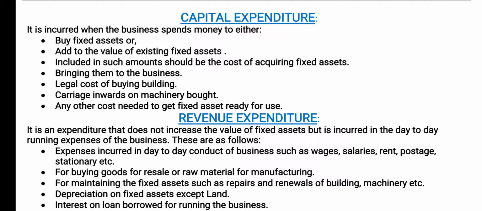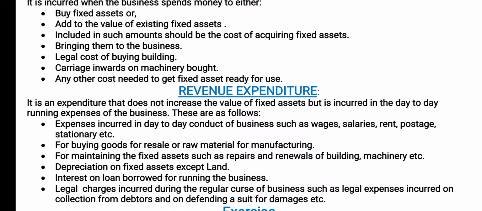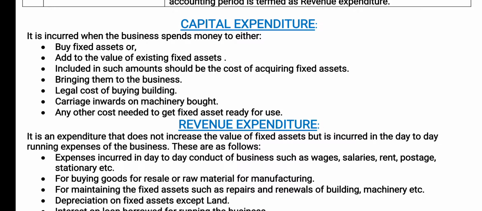Any other cost needed to make our fixed asset ready for use will also be part of our capital expenditure. For example, if you want to install that machinery in your manufacturing unit, those installation charges will also be part of your capital expenditure. In simple terms, capital expenditure is the expenditure which is used for a long period of time and gives you benefit for a long period of time, and it all revolves around fixed assets.